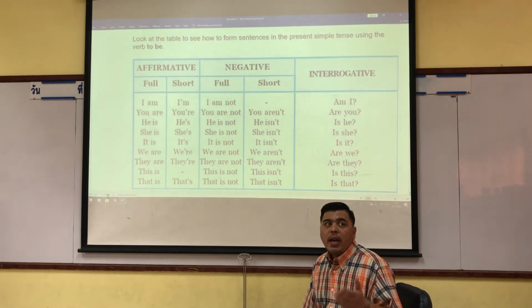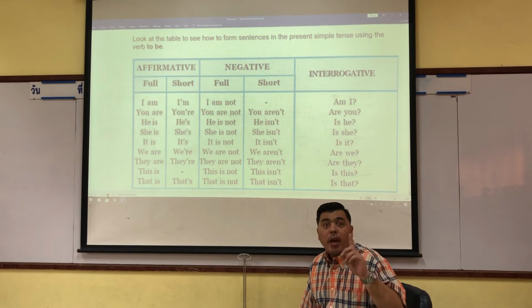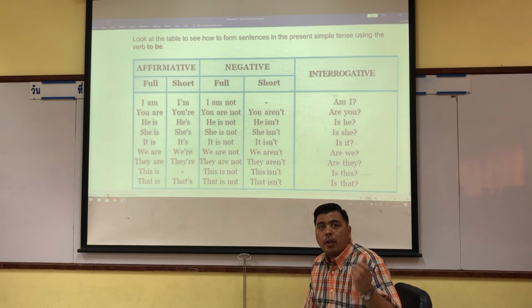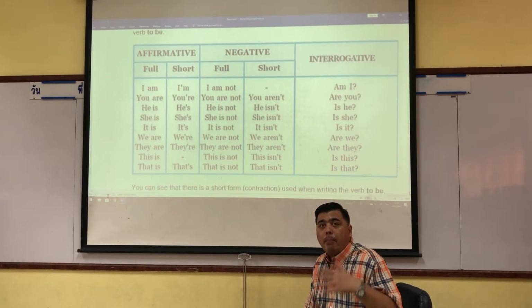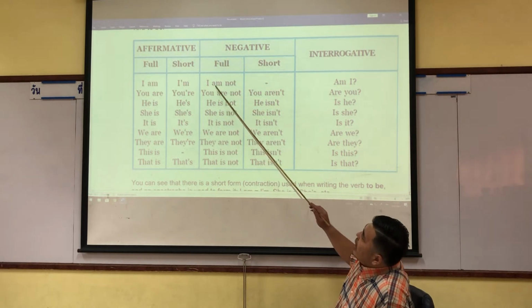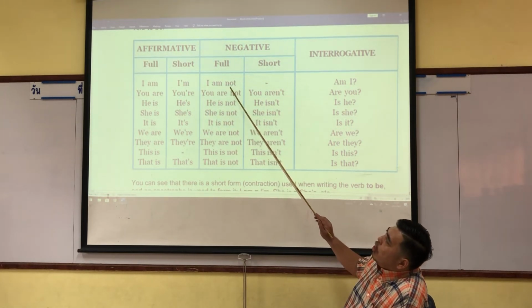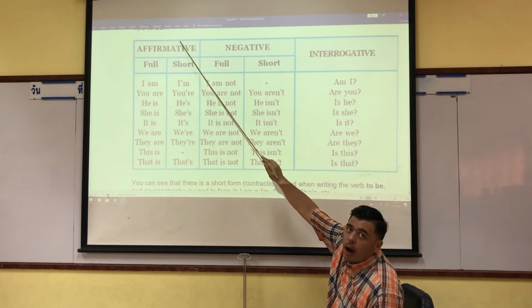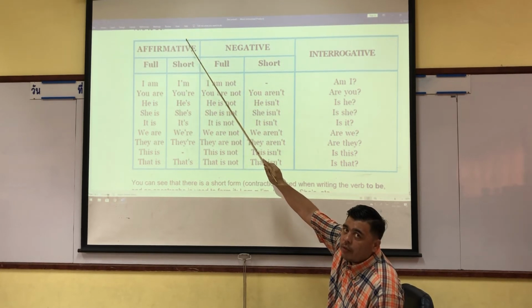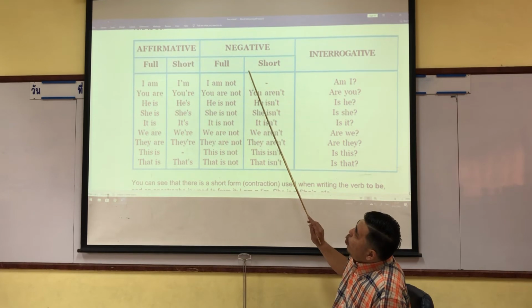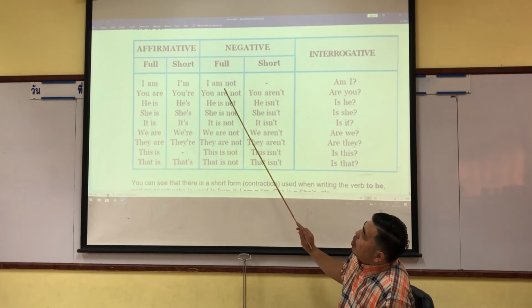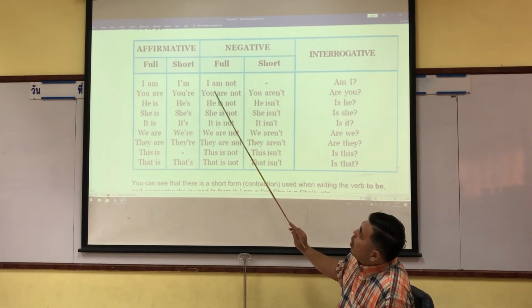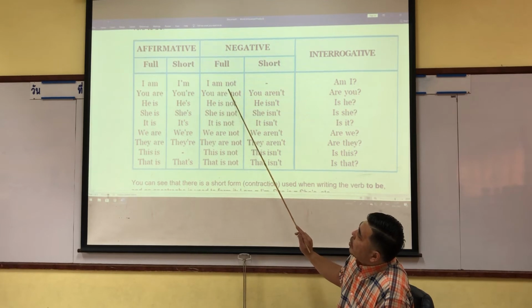Or you could say, if you're a boy, I am not a girl. If you're a girl, you can say, I am not a boy. Now all that's happening is we're just adding not. You see, I am for affirmative, which means positive. All we're doing is just adding not. Okay, so I am not.